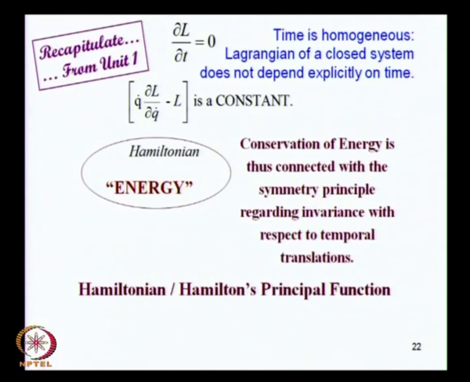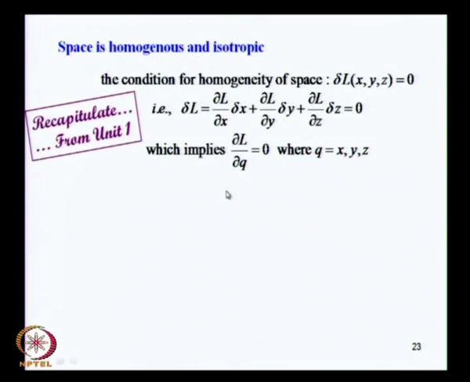Now, let me remind you, because it is a very important feature, that the invariance of the Lagrangian with respect to time in the Lagrangian and Hamiltonian formulation led to the conservation of energy. Likewise, if you consider displacements in space, this again we discussed at some length in unit 1.